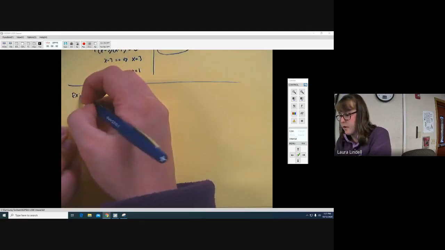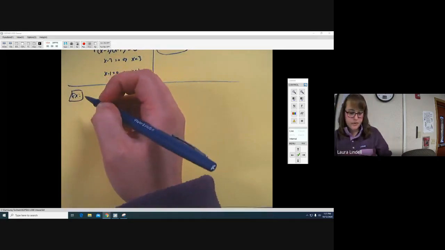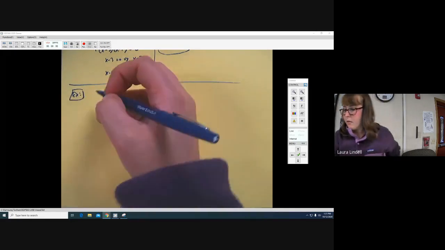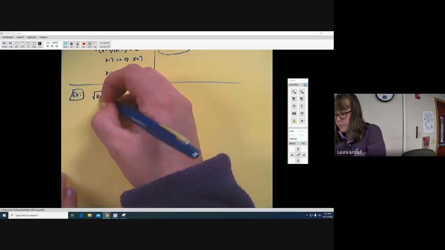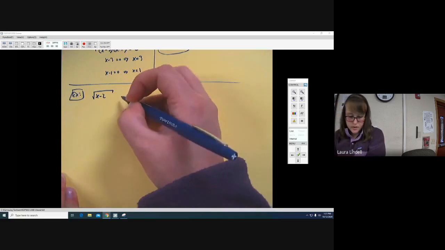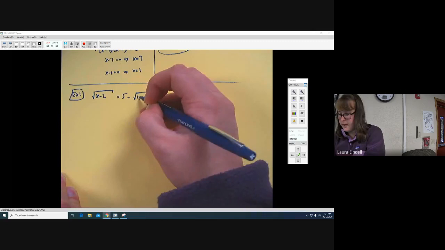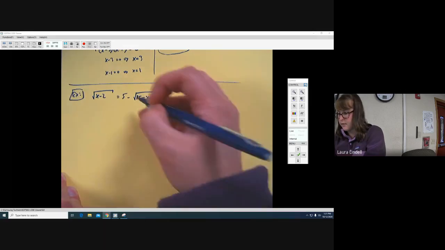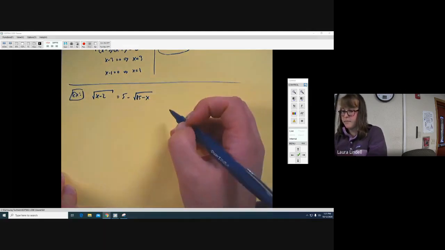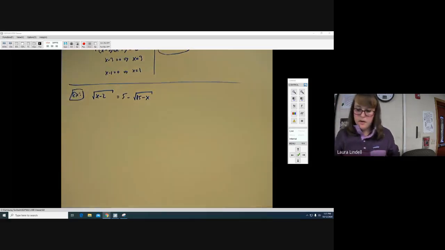Because this one's going to have a square root on both sides. So we're going to have the square root of x minus 2 equals 5 minus the square root of 15 minus x. So we are going to deal with the square root on both sides.